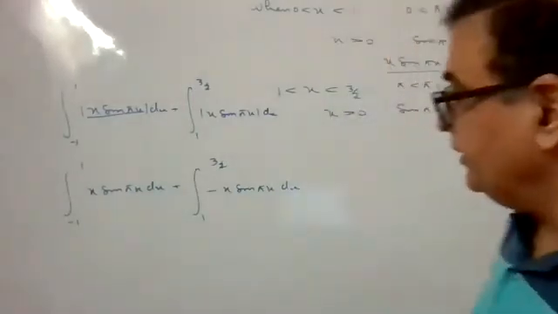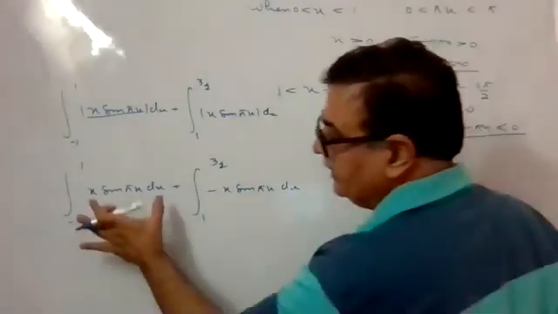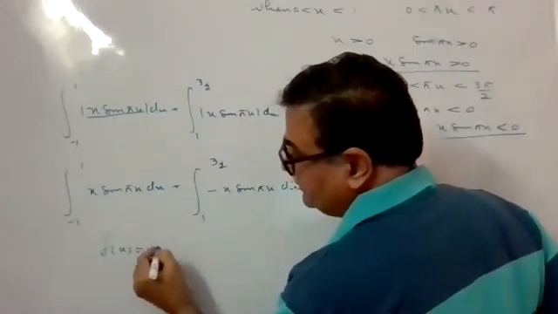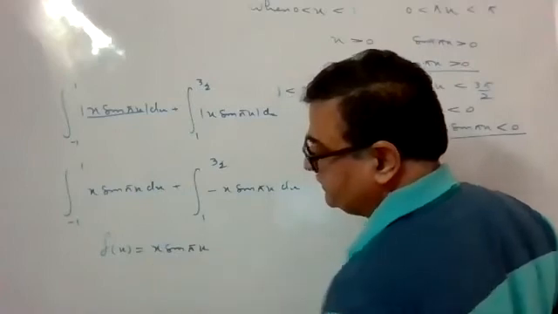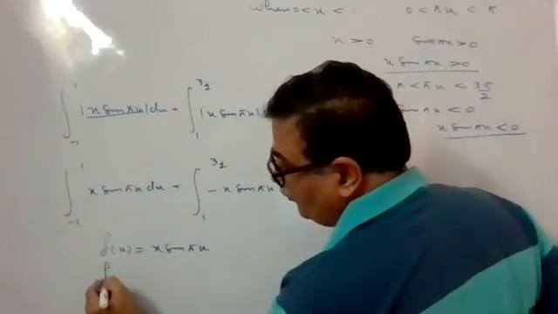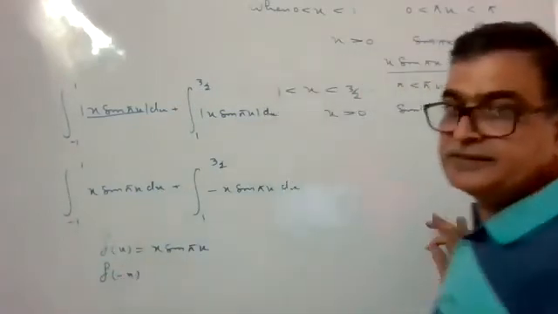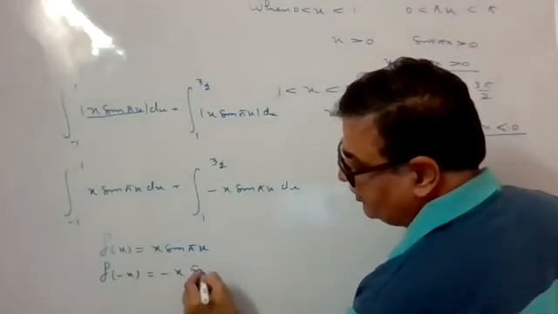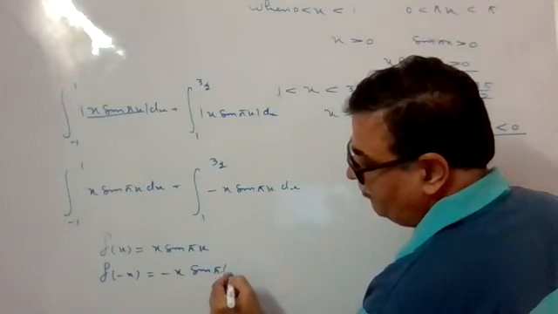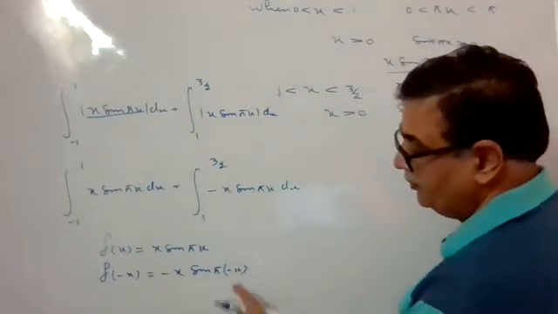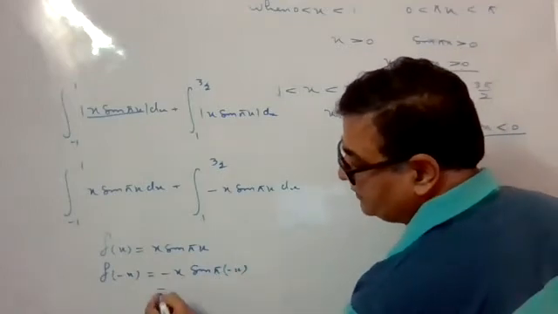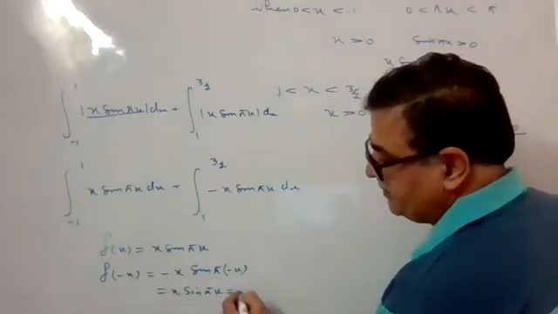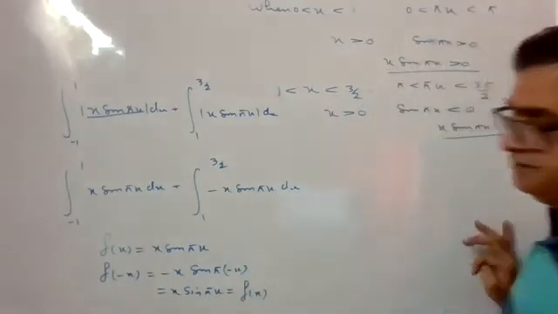Now we have to integrate it. Here I can use the property: f of x is x sin pi x. Then when you go for f of minus x, this will come minus x sine of pi minus x. This minus and minus will make it plus, so we get x sine pi x, and it is simply your f x.